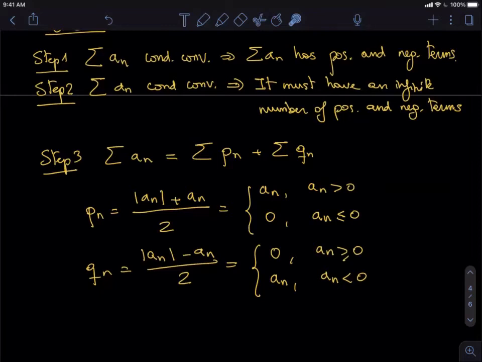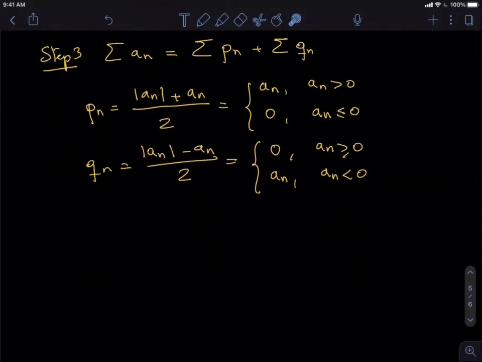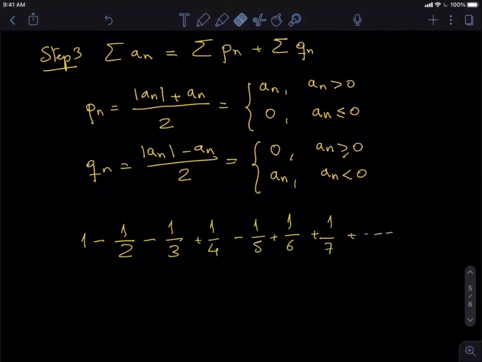Let me very quickly emphasize with an example. Let's say 1 - 1/2 - 1/3 + 1/4 - 1/5 - 1/6 + 1/7.